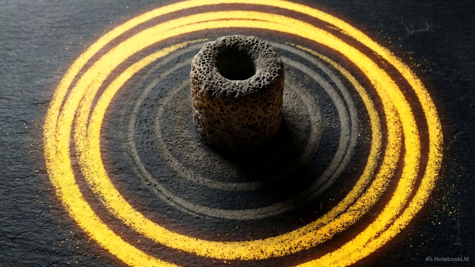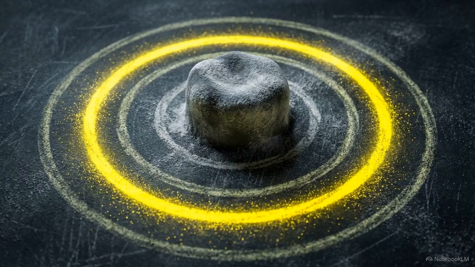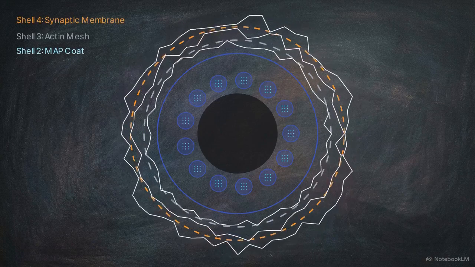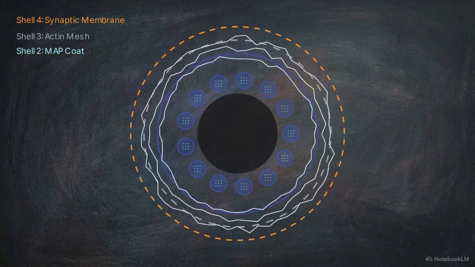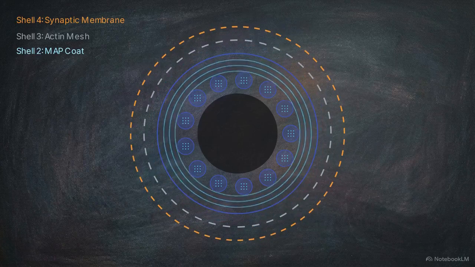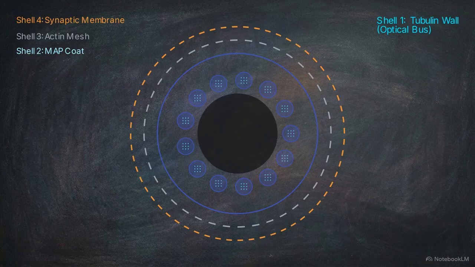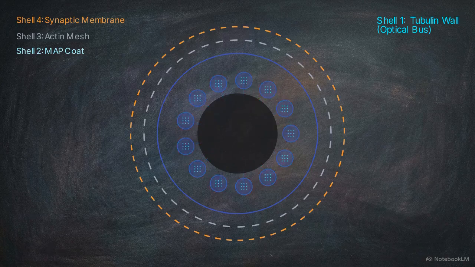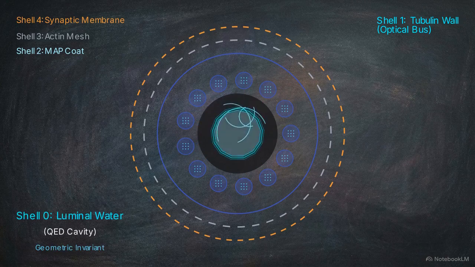The outer 3 shells, the synaptic membrane, the actin mesh, and the MAP coat, act as the initial environmental coupling and impedance matching layers. Information then moves to the inner shells. The tryptophan lattice within the tubulin wall acts as an optical bus, utilizing superradiance to route data into the water-filled lumen, which functions as a quantum electrodynamic cavity for processing information.